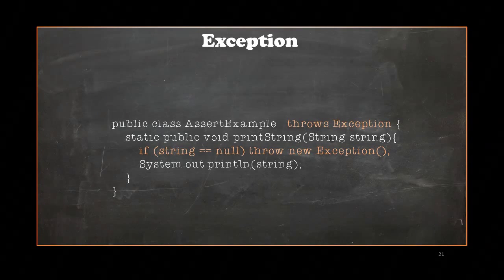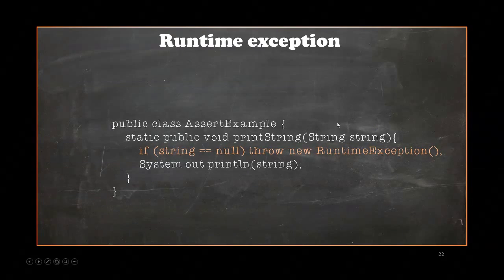However, with the exception, you'll note that we now include the throws part right there, and that is necessary to indicate to the JVM that you are throwing an exception, as opposed to a runtime exception, which we'll show next. This still throws a runtime exception as it did before, except it's RuntimeException instead of Exception, but we no longer indicate that it throws.